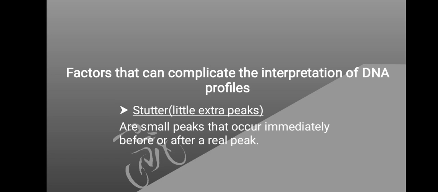And the result is a small number of DNA fragment copies, which we refer to as stutter peaks. So these will be extra peaks that are either immediately before or immediately after the real peak.